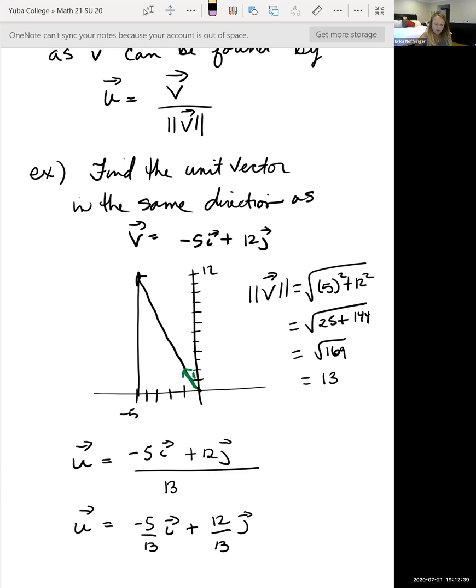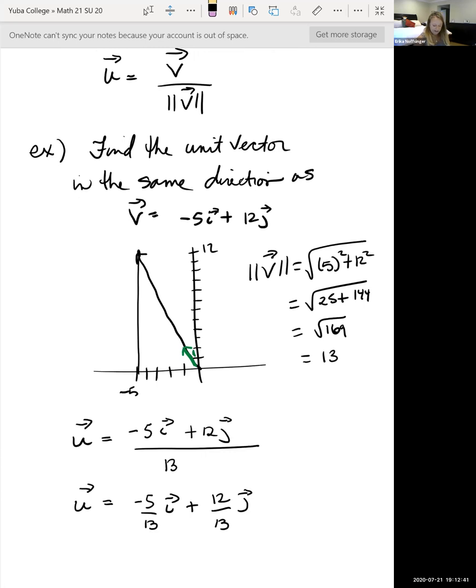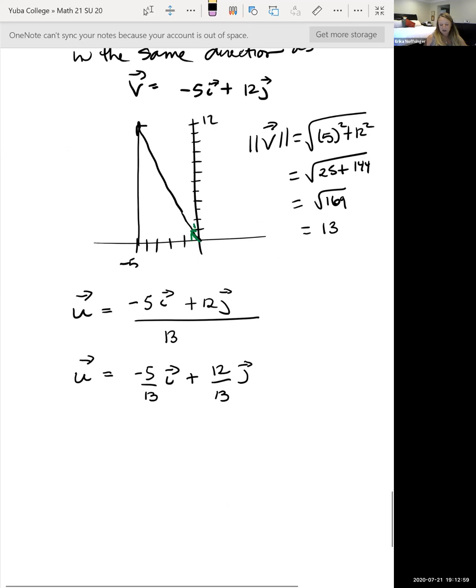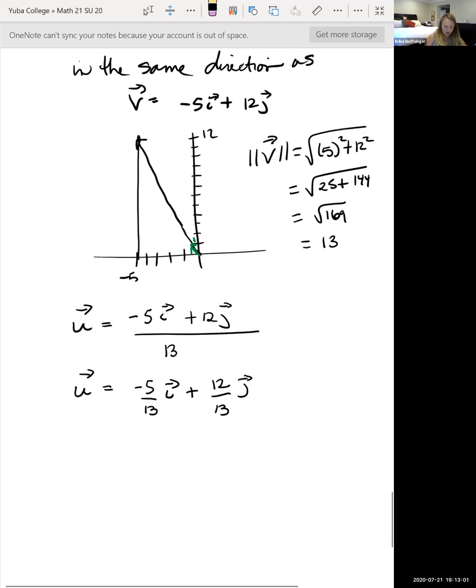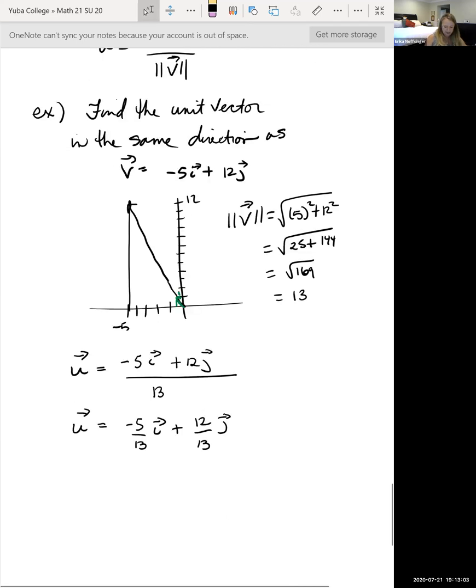So if I go over negative 5/13 and up 12/13, so it wouldn't be as far up as I had it there, that would be the length of 1. So theta, because sometimes you have to figure out what this angle is, right?